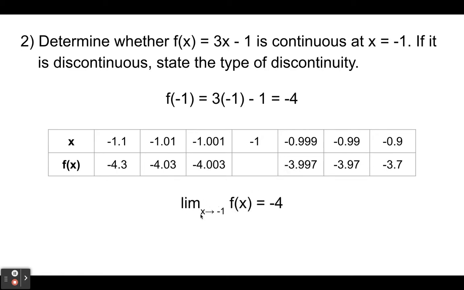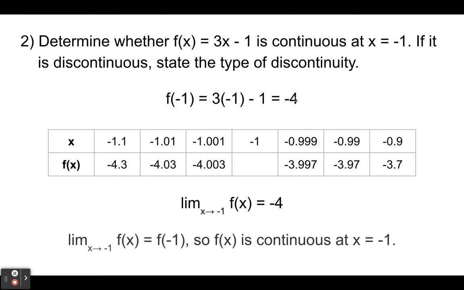Since the limit exists, the graph connects. And since the y values are the same, the graph connects at a closed circle, a defined point. This is a continuous point, so there is no discontinuity.